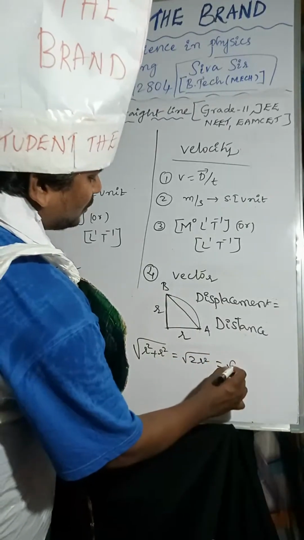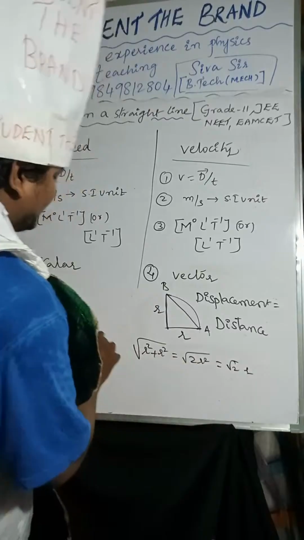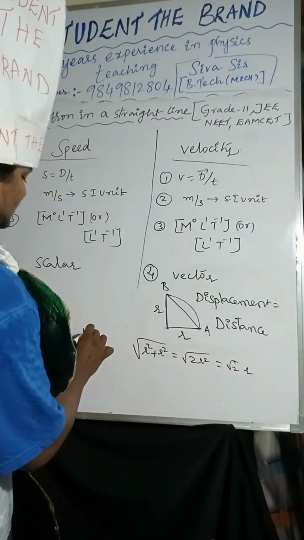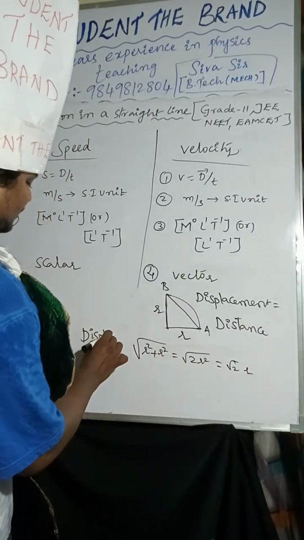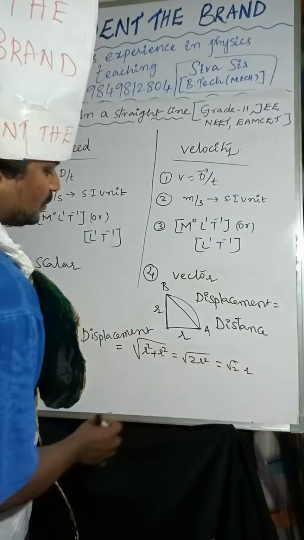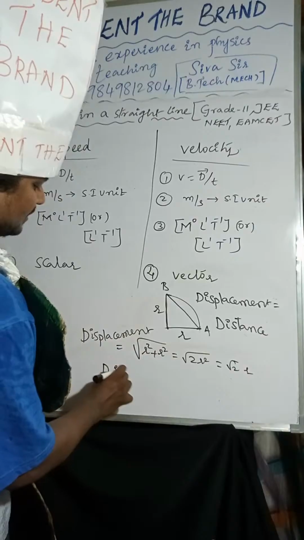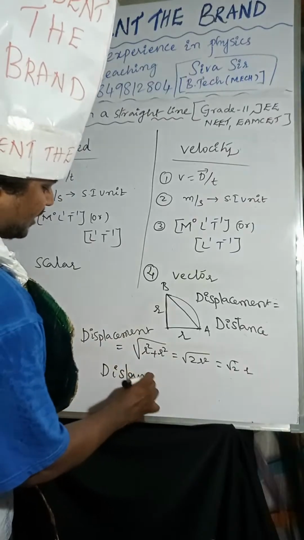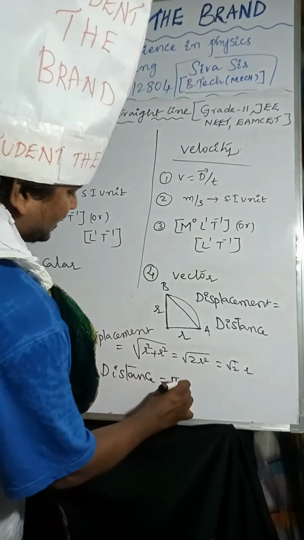Then you will get root 2 r. So the displacement is root 2 r. Distance is pi r by 2.